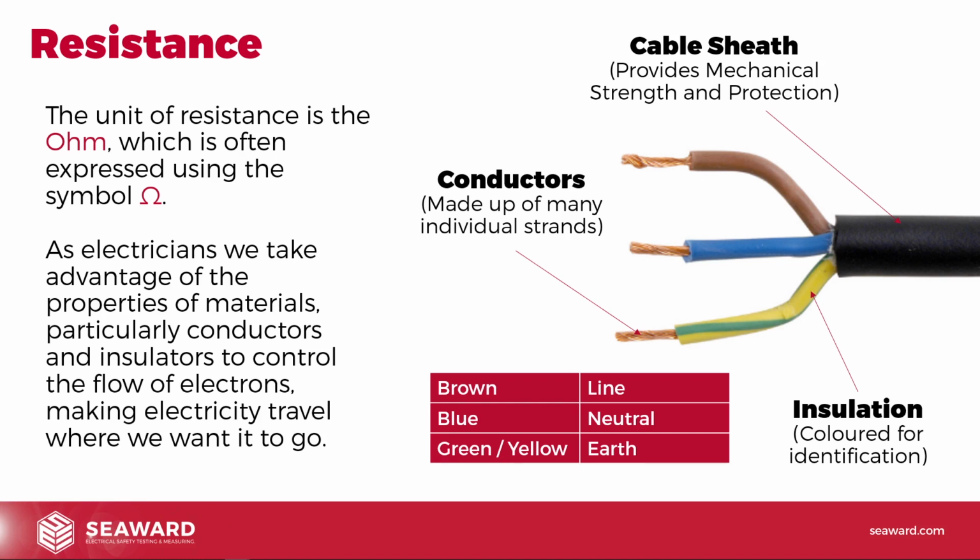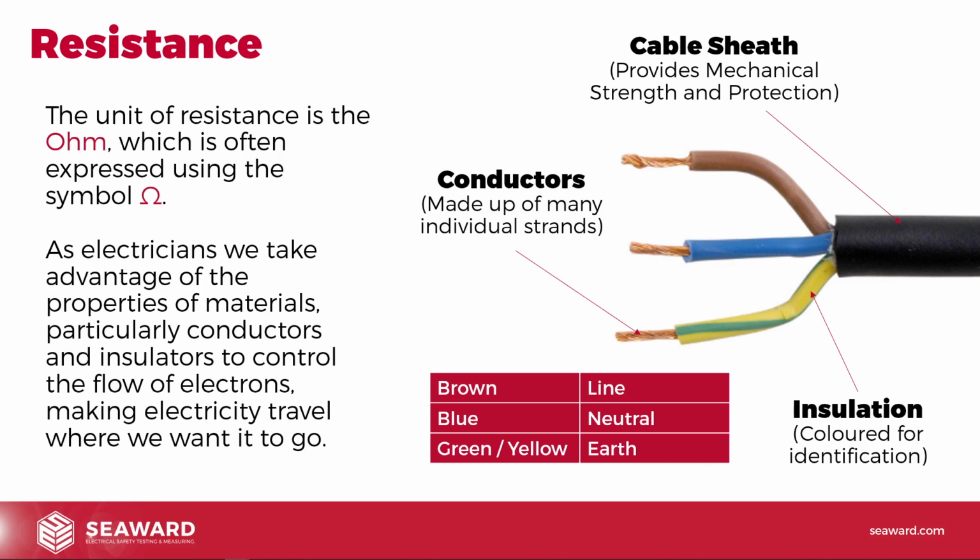But the correct terminology nowadays, and for about the last 10 years, is to call it the line, L-I-N-E conductor. So the line is the brown one. That's the current terminology. Like I say, people will use the term live, but that's old terminology when it's used in relation to the brown cable.